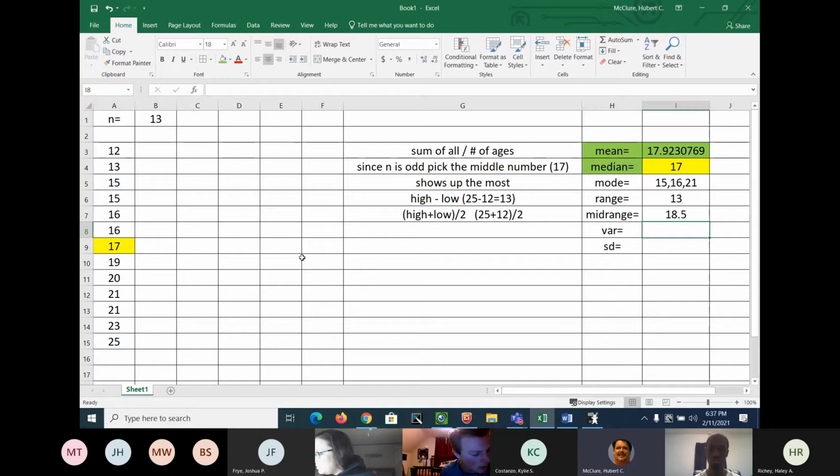Check yours. Okay. 25 plus 12, 37 divided by 2 is equal to 18.5. There you go.